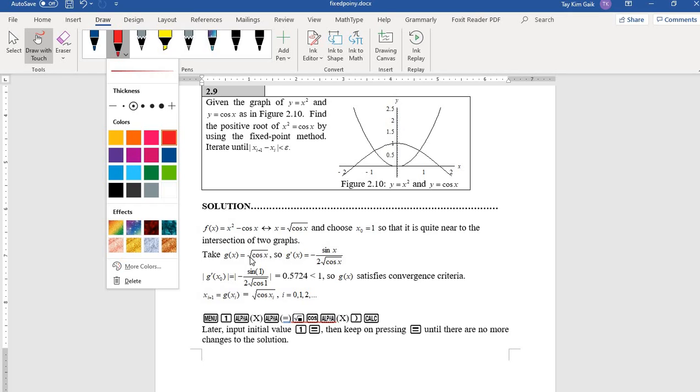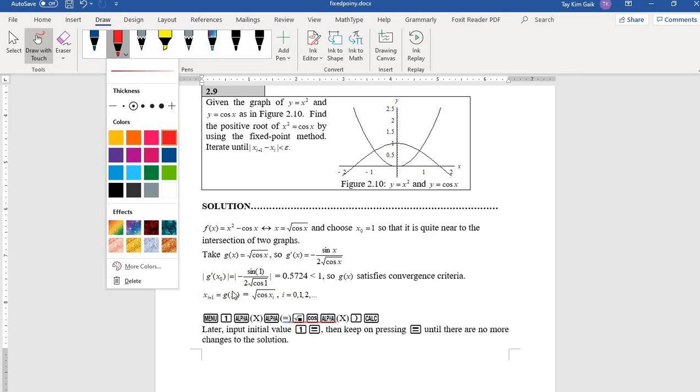The derivative of cos is negative sin x, so for the square root you have half, and then cos x to the power half. For differentiation, the power half becomes half minus 1, which is negative half, so cos x to the power negative half. That's why you have it divided by the square root of cos x. So this is the derivative of your g(x).